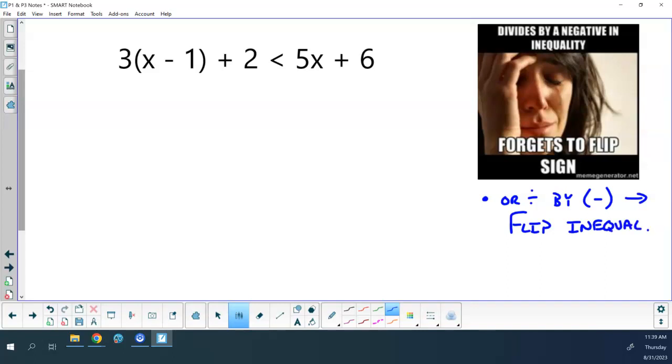If you multiply or divide by a negative number, you have to flip the inequality. So a less than becomes a greater than. A less than or equal to becomes a greater than or equal to. Okay? That's our extra rule.